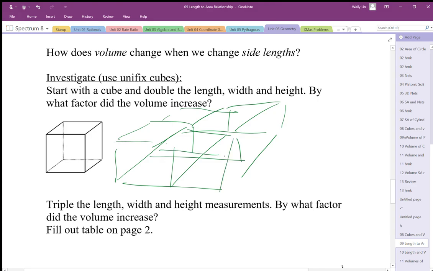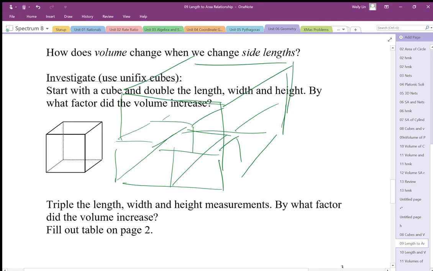Okay, now this is getting really messy, but you can kind of maybe imagine there's 1 layer of cubes there. I'm going to have now a second layer of cubes. So we're going to go from 1 cube to 8 cubes. Okay, so we went from 1 to 8 times more volume.